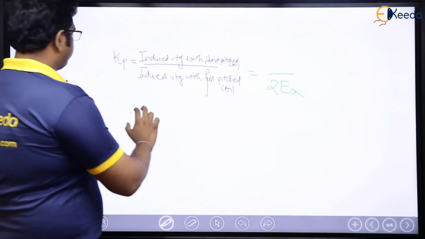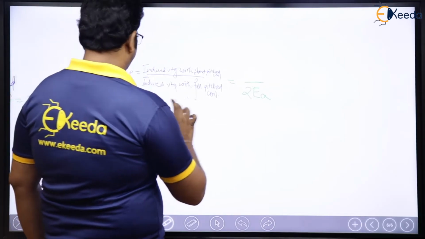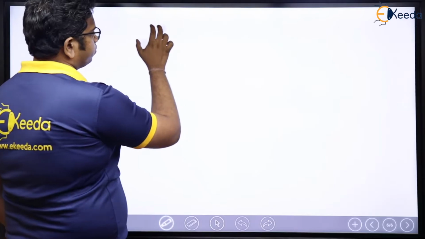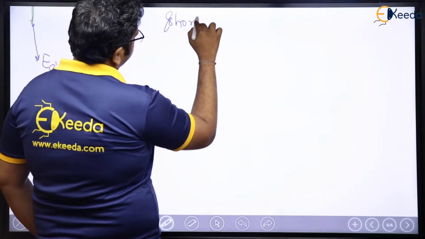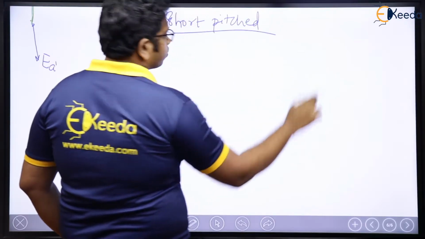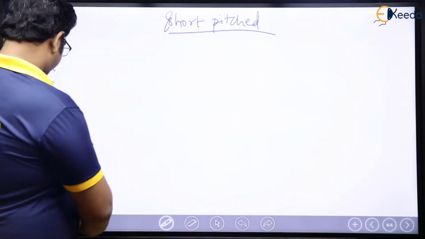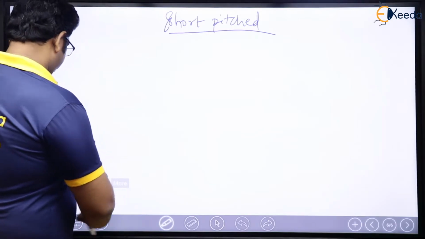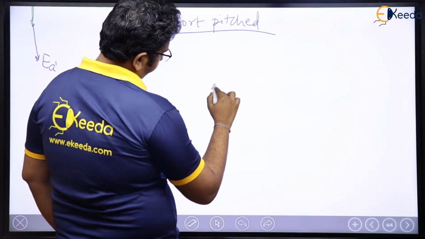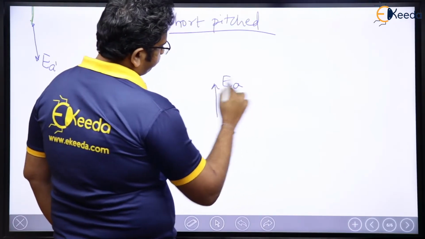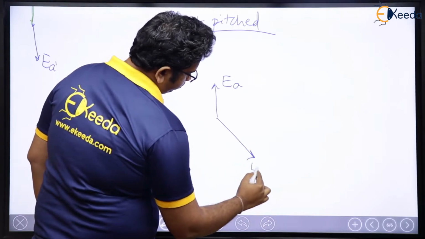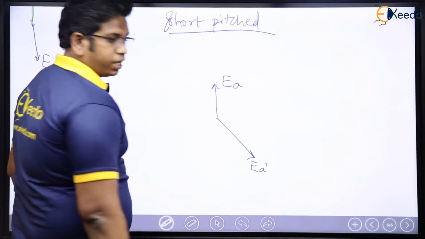Let us think of short pitched. This is going to be EA, then this was going to be EA dash.